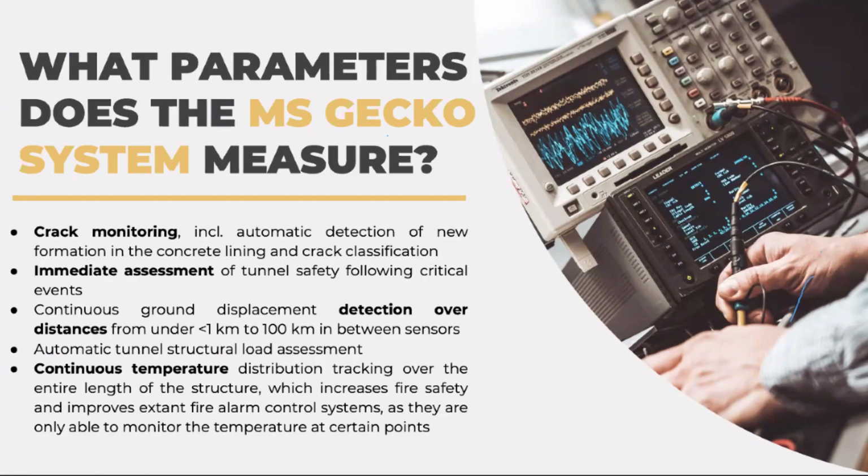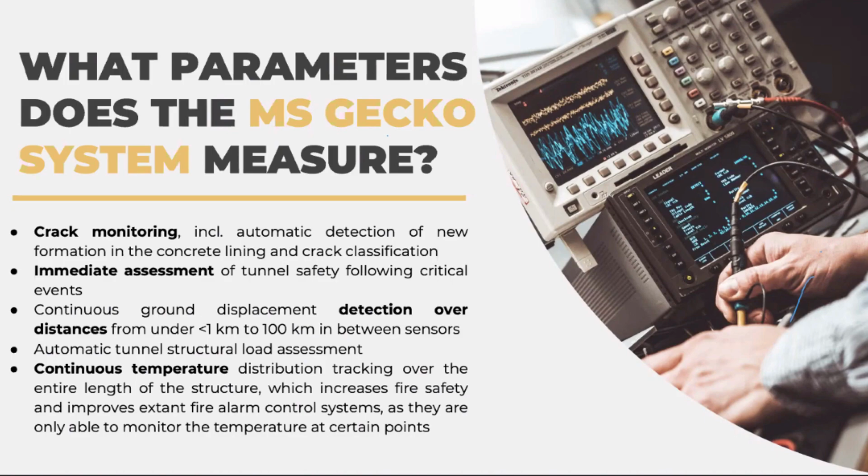And then continuous temperature monitoring as well, across the entire infrastructure, so that in the case of any potential threat of fire within the tunnel, we can detect it within 1 meter accuracy, and then take immediate actions of further prevention, and we can monitor any kind of unusual temperature spikes across the entire infrastructure.